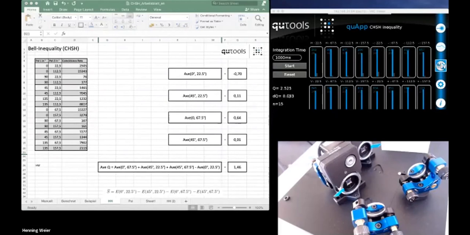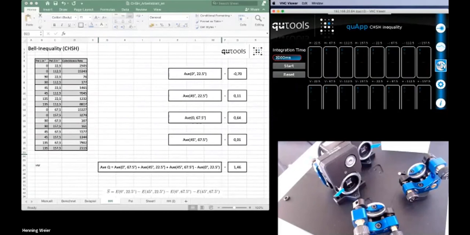So this means that there is some error on this, and I can make this error smaller if we do the experiment for a longer time, for example. Before, we had taken 10 seconds for each measurement. Then in between it was 1 second per measurement, and now we're taking 2 seconds per measurement.